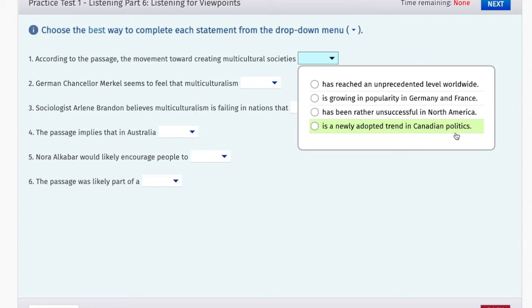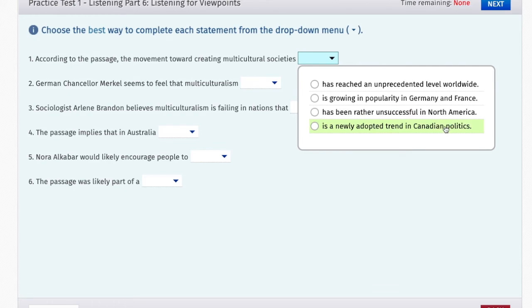Is it new? I heard Canadian politics, I heard Pierre Trudeau, but does that mean that multiculturalism or creating a multicultural society is new in Canada?